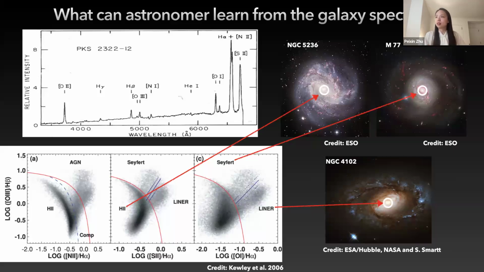All the gray dots I show in the bottom left figures each represent one galaxy. As you can see, this is a very condensed distribution of gray dots. The gray dots mean that this figure compiles the observations of millions of galaxies in the nearby universe.